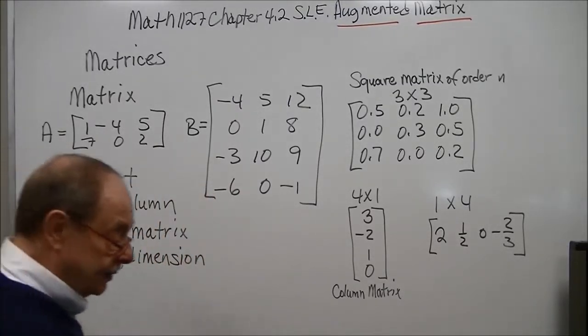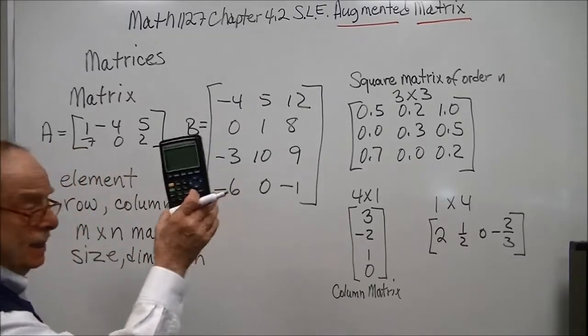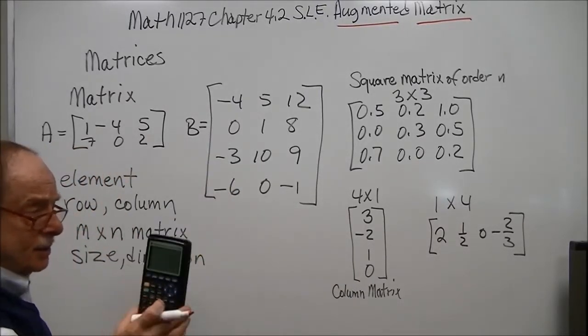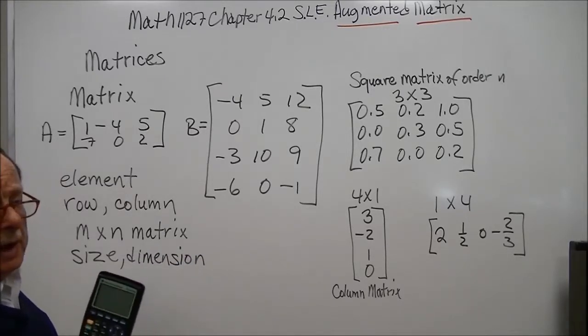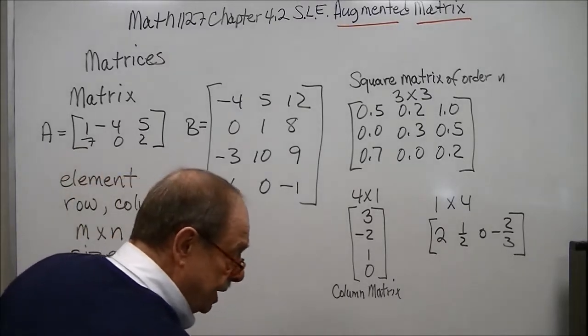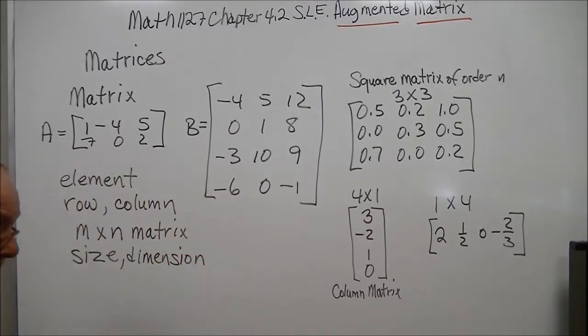So if you have TI-83s and those types of calculators, there's usually a function on there that illustrates matrix, and I will show it to you on this camera as well, on this calculator. But right now we're going to give you a little bit of a primer on what a matrix is.